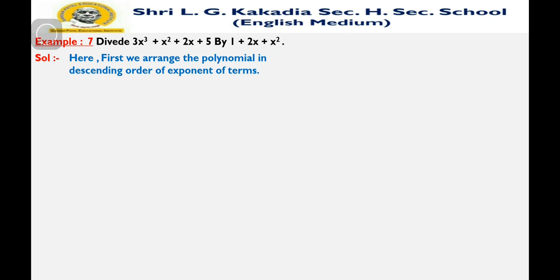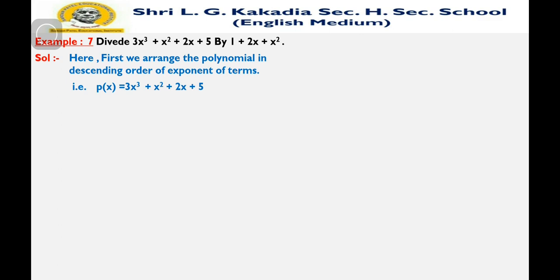First we arrange the polynomial in descending order of exponent of terms. So we first write the given polynomials p of x and g of x in such a way that it is in descending order of exponent of terms. So p of x is equal to 3x cube plus x square plus 2x plus 1.